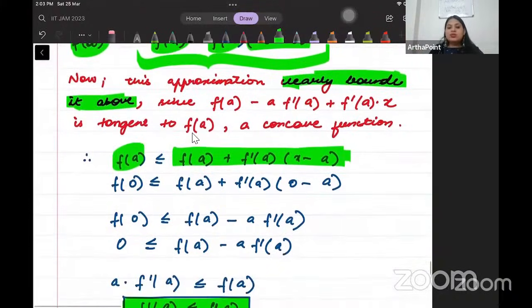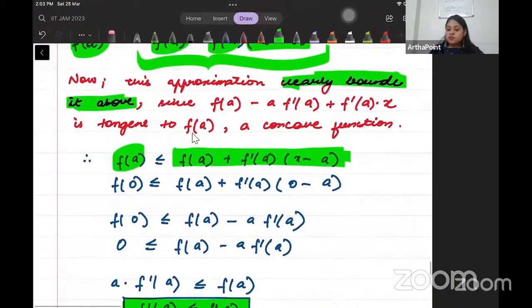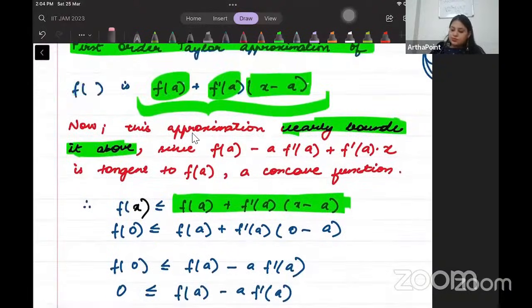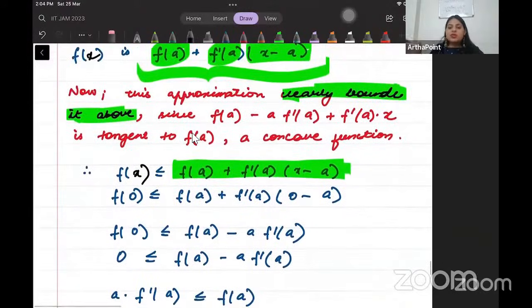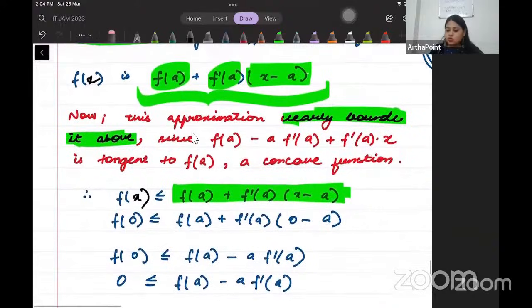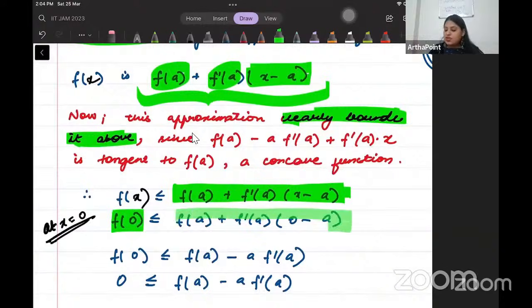Now what you can do is, this will be f of x, right? Here also. Now what you can just go ahead and do is, just put x equal to 0. So let's check what happens at x equal to 0. So I will have f of 0 less than or equal to its approximation. What is the approximation? f of a plus f dash a into x minus a.